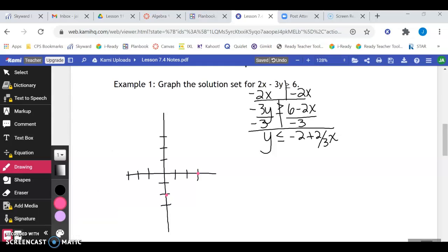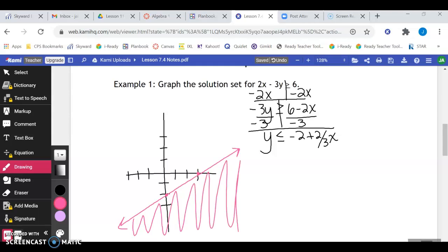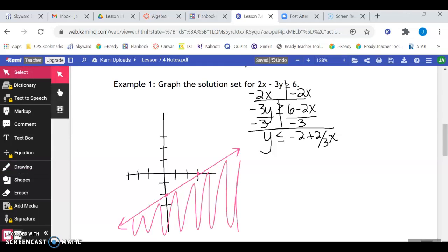It's underlined, which is including the points on our line. So we are going to draw a solid line through our 2 points. And then y is less than all of this. So less than would be under the line. So we shade here under it. And that would be our answer in our graph.